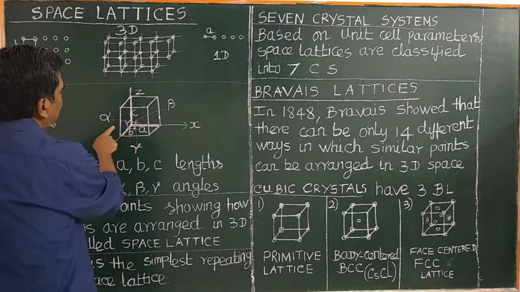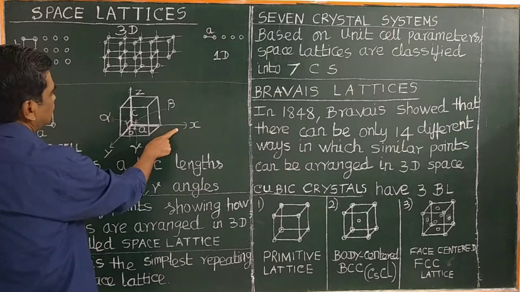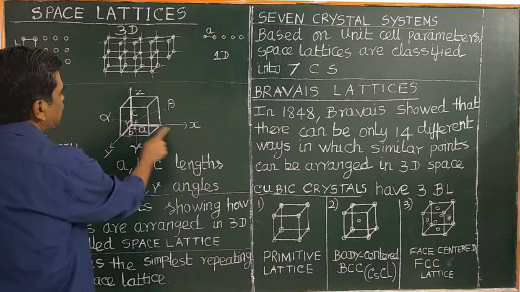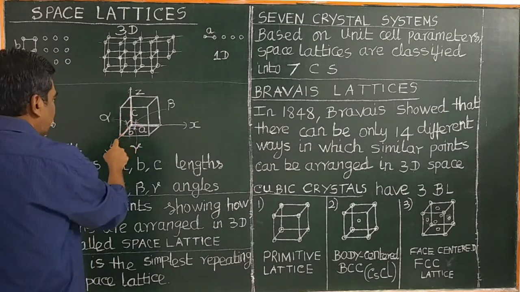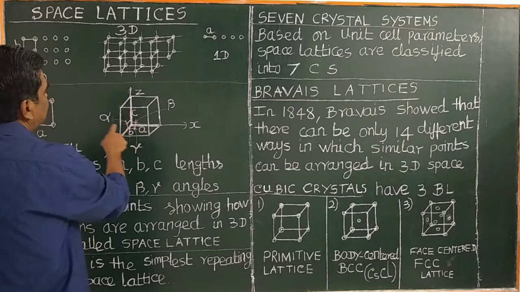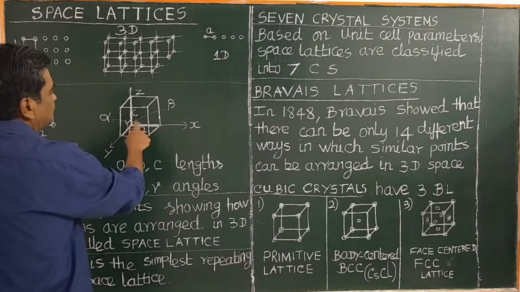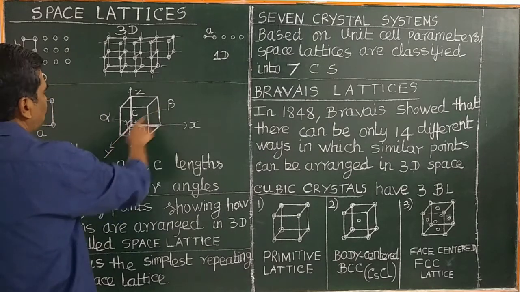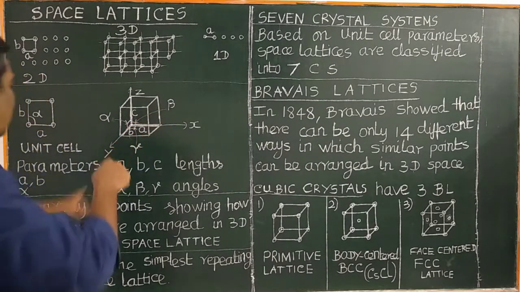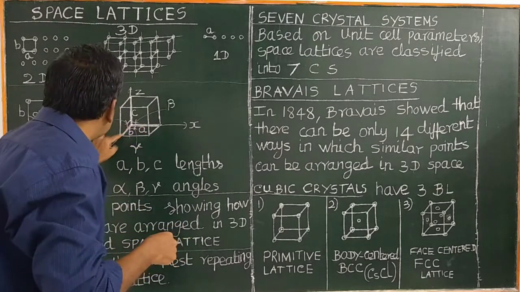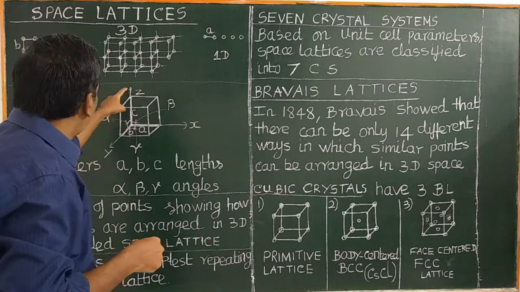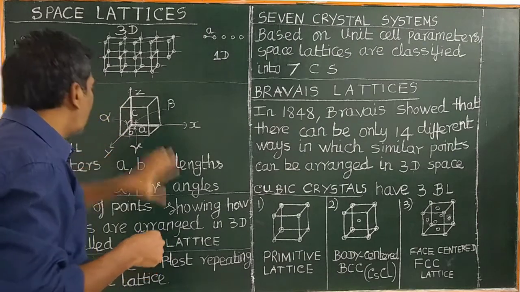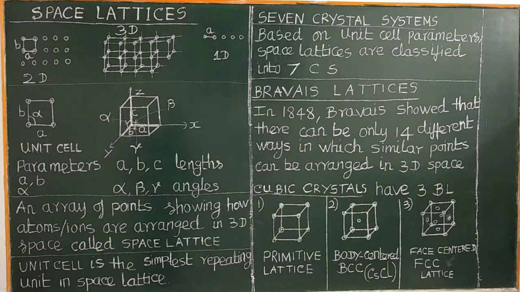Alpha is the angle opposite to the x-axis, for example, the angle between B and C. The angle opposite to the y-axis is called beta. The angle opposite to the z-axis is called gamma. So there are 3 types of angles: alpha, beta, gamma.